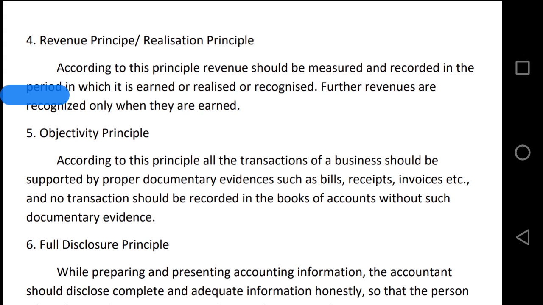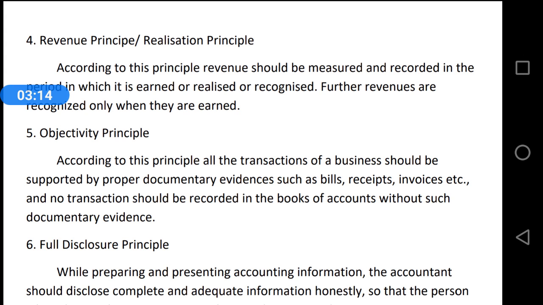The revenue is realized only when the title of the goods or the ownership of the goods is transferred from seller to buyer. Whether the cash is received or not, it will be treated as revenue for the business.